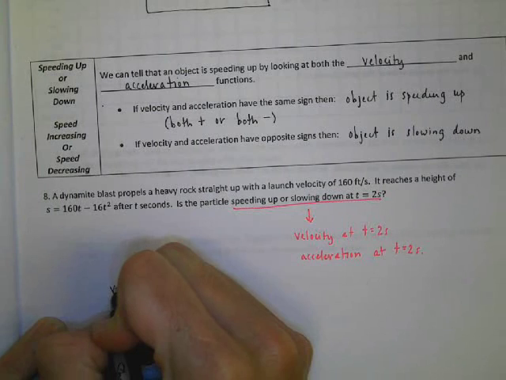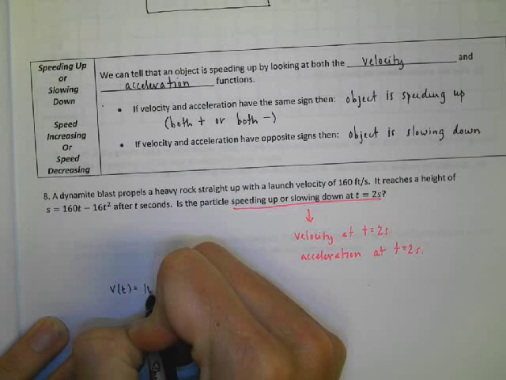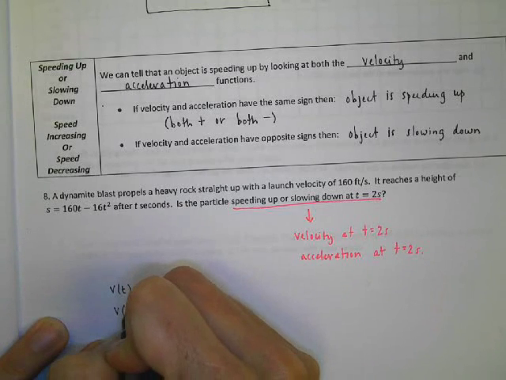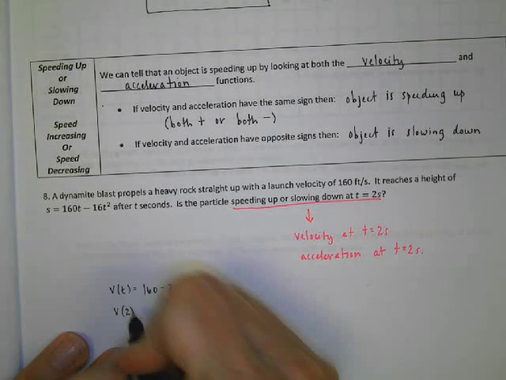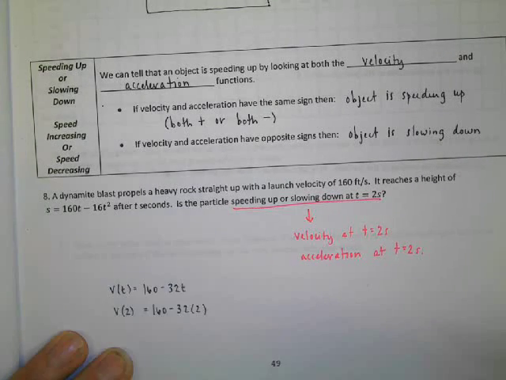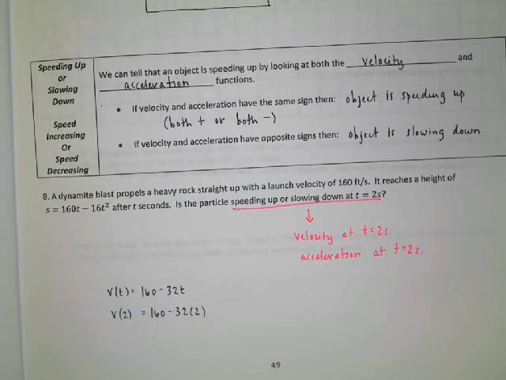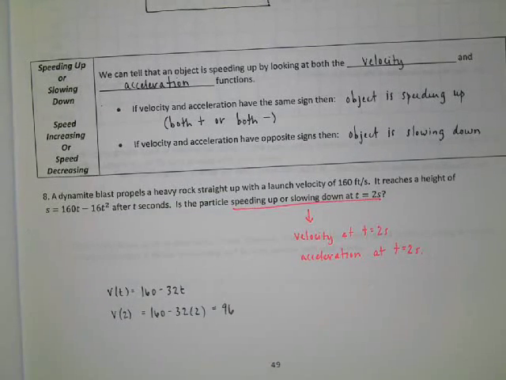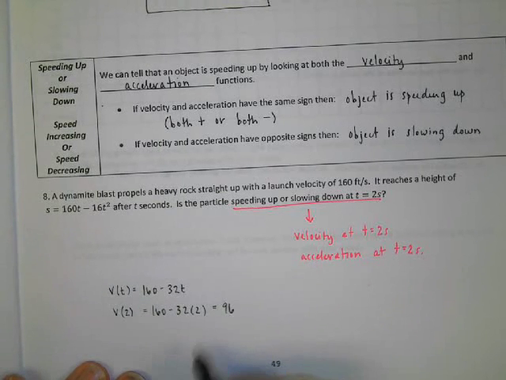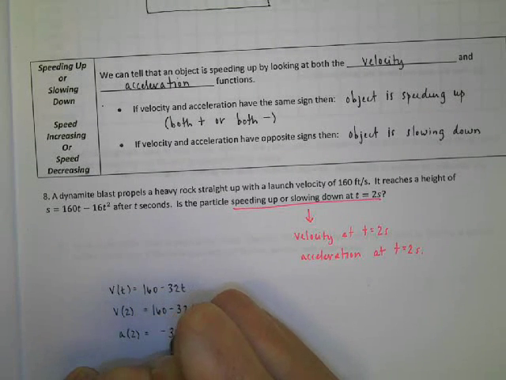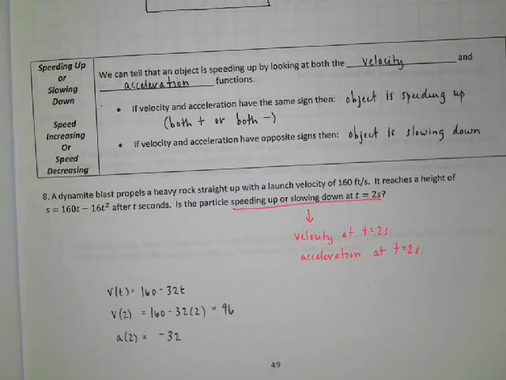Again, our velocity function was 160 minus 32t. So if I calculate the velocity at time t equals 2, I get 160 minus 32 times 2, and I get 96. Now, our acceleration at time t equals 2 seconds, we actually just found that, and we said that was negative 32.